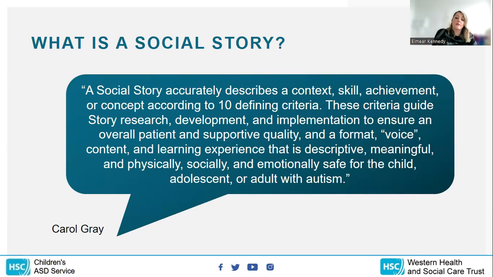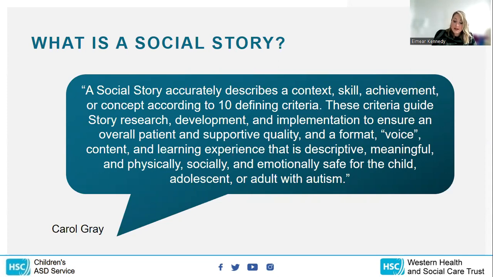So Carol Gray's own definition of what a social story is: a social story accurately describes a context, skill, achievement, or concept according to 10 defining criteria. These criteria guide story research, development, and implementation to ensure an overall patient and supportive quality and a format, voice, content, and learning experience that is descriptive, meaningful, and physically, socially, and emotionally safe for the child, adolescent, or adult with autism.